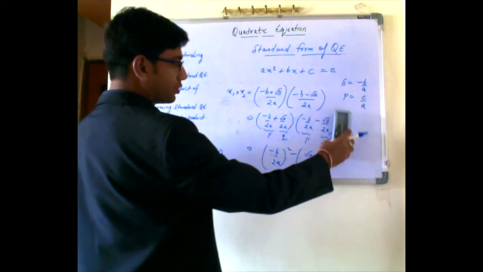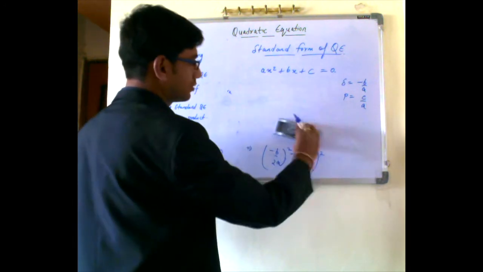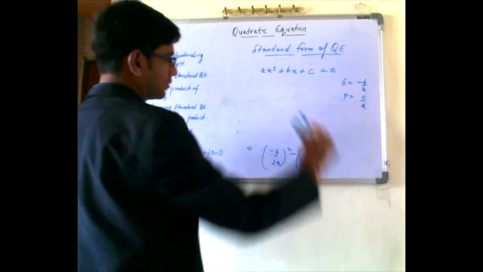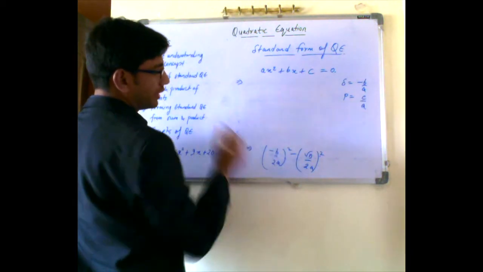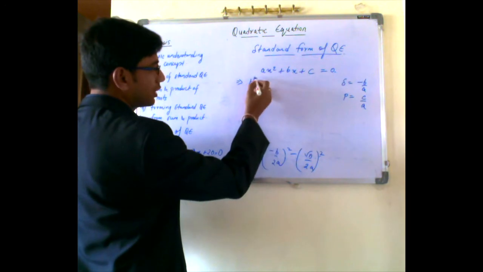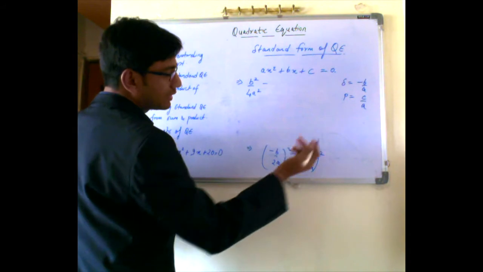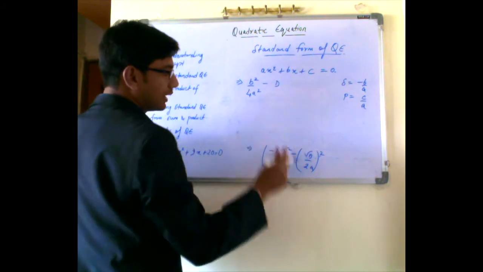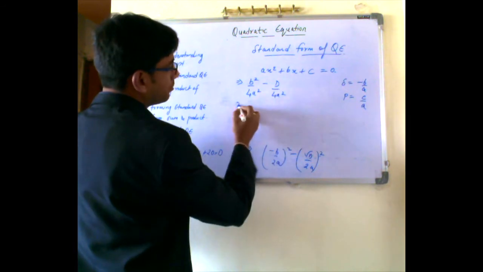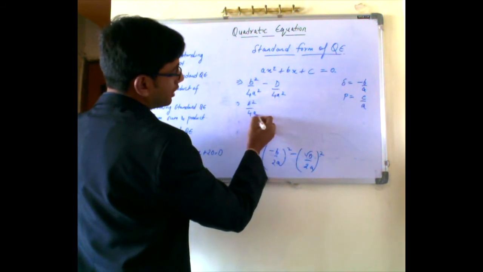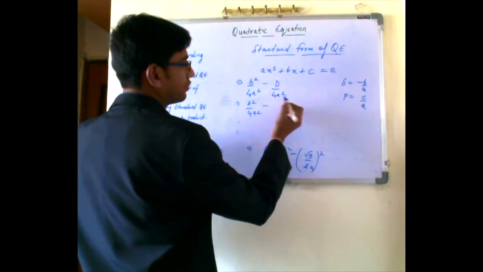I'll remove this from above so that I can have some space to solve this. So if I do the squaring of this one, this is b square upon 4a square. This is minus of root d, the square of root d becomes d, and then it is 4a square again. This gives me b square upon 4a square minus, guys, we have the value of d as b square minus 4ac, what we have already studied.